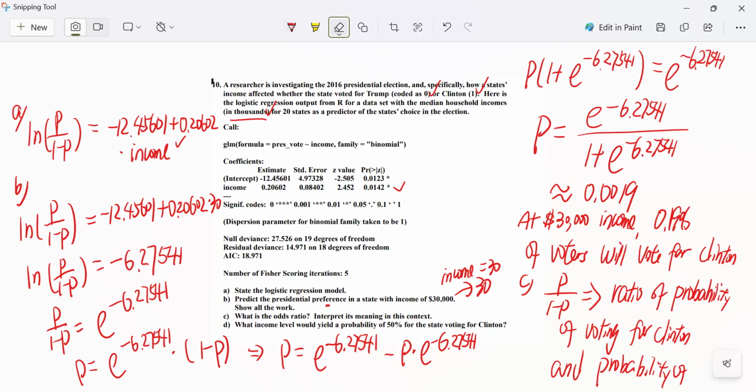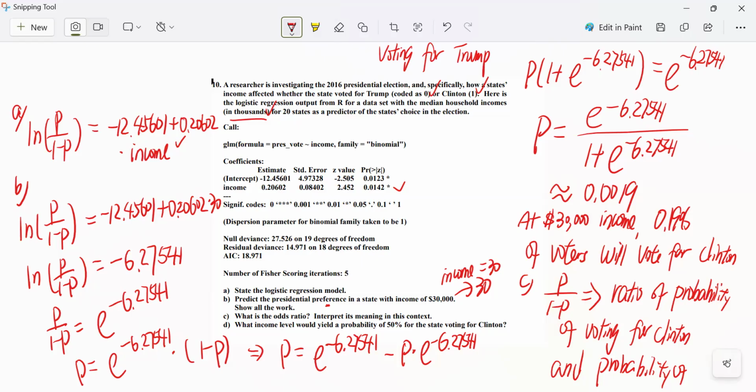That's how we interpret the odds ratio here.